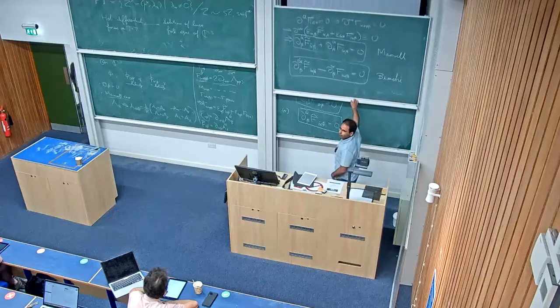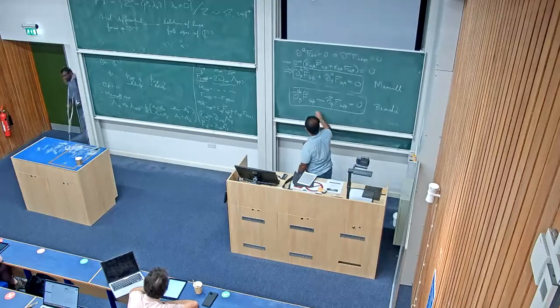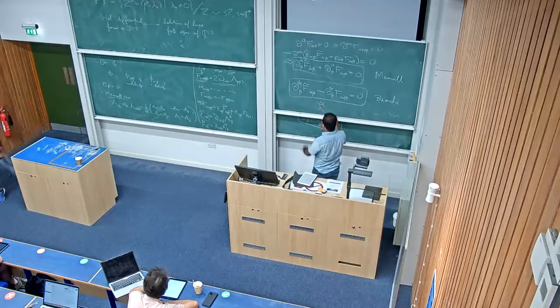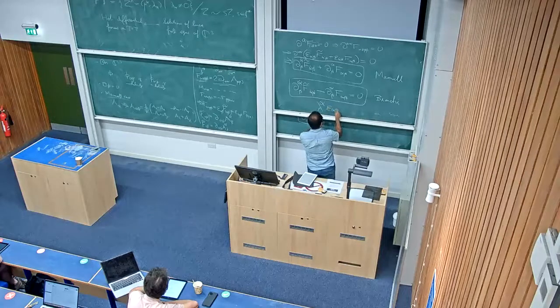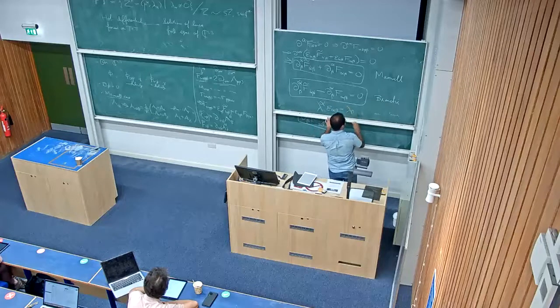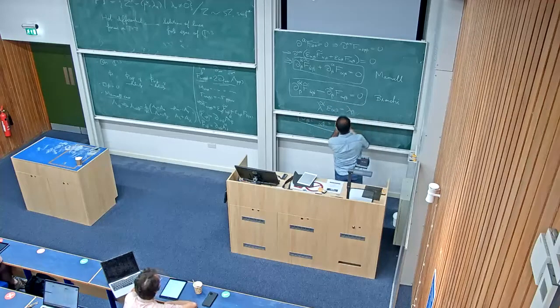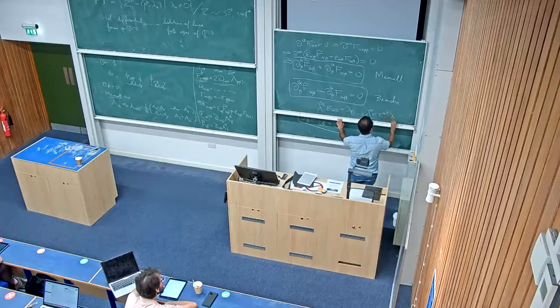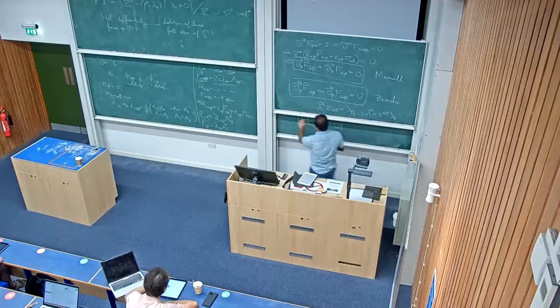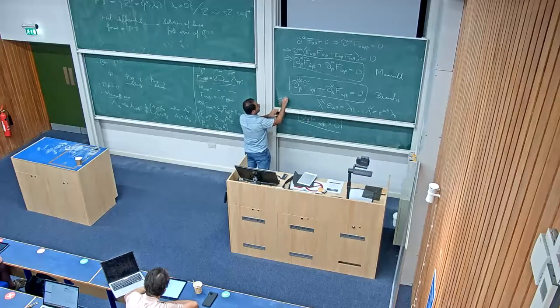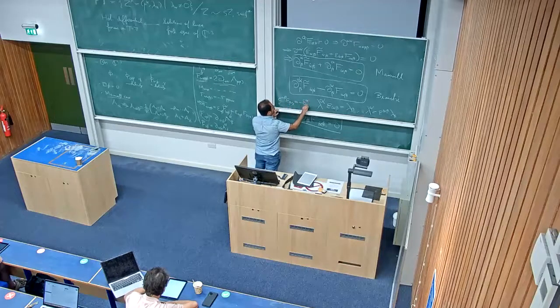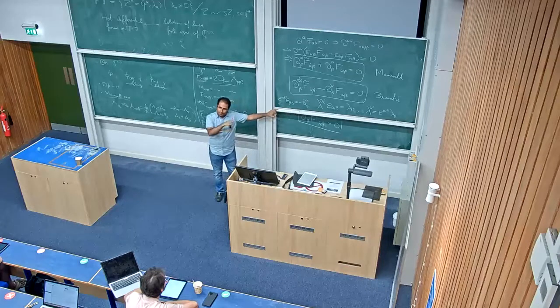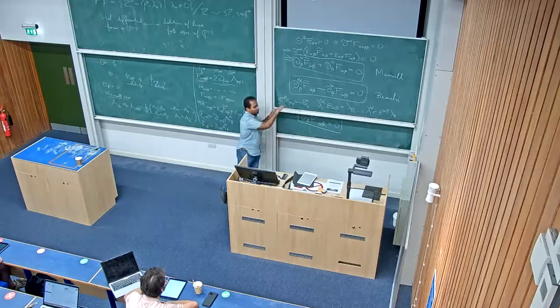If you have a raised index on a spinor, my convention is that that is epsilon alpha beta lambda beta, and the inverse of this is epsilon alpha beta lambda beta, where I've used the convention that epsilon alpha beta epsilon beta gamma is minus delta of alpha gamma. So I put my minus in this inversion, yeah.